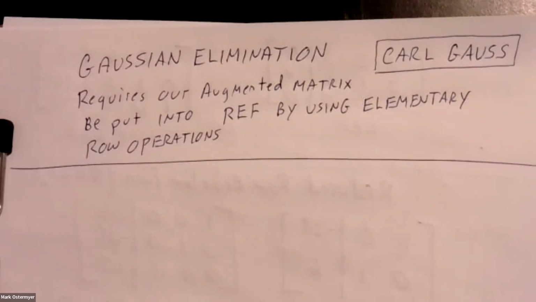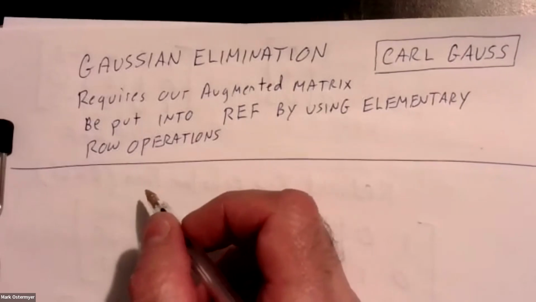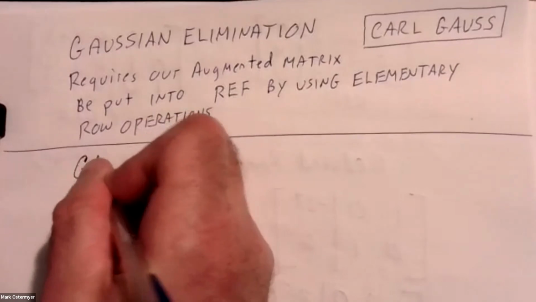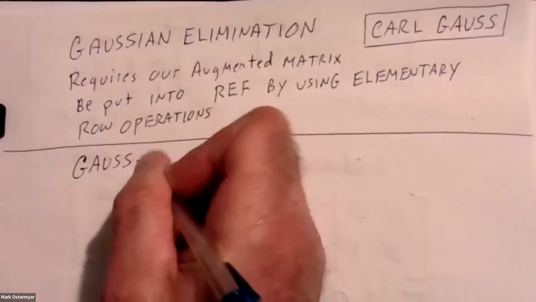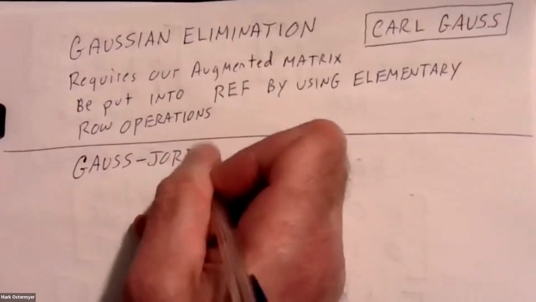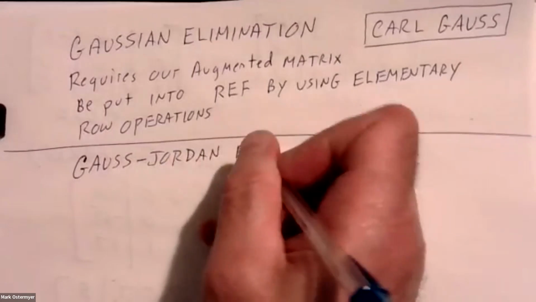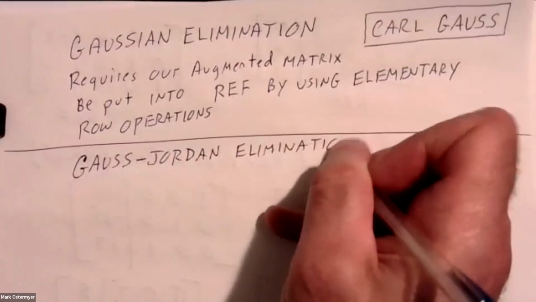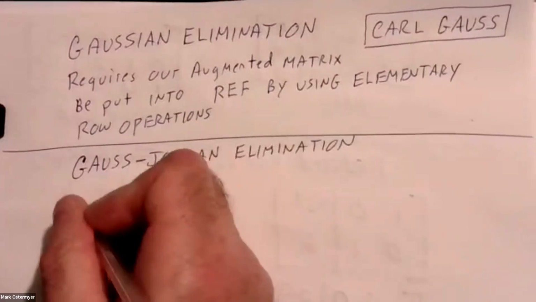And then, ladies and gentlemen, a more restrictive, more strenuous technique is called the Gauss-Jordan elimination method. Gauss-Jordan elimination is similar to Gaussian elimination, but there's one other requirement here.